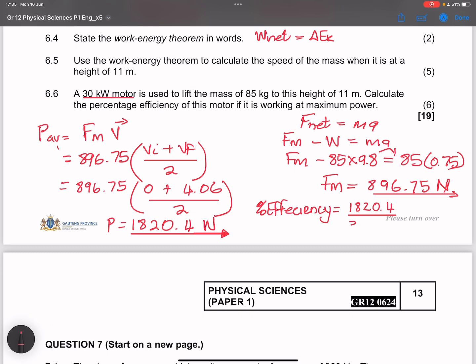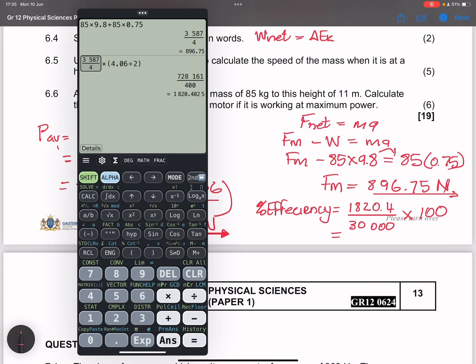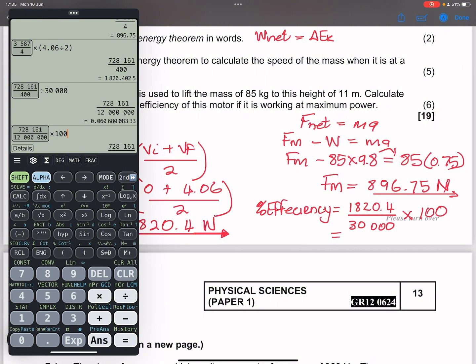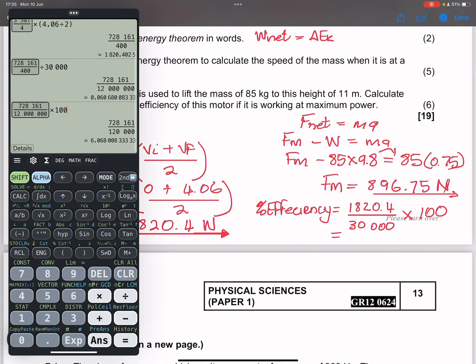So remember, kilo is 1,000. So that's divided by 30,000. And that's multiplied by 100 because we're looking for it in terms of percentage. So we're going to take that value and divide it by 30,000, and we multiply that by 100. Okay, so I get a value of 6.07%. So that would be the efficiency of this motor.